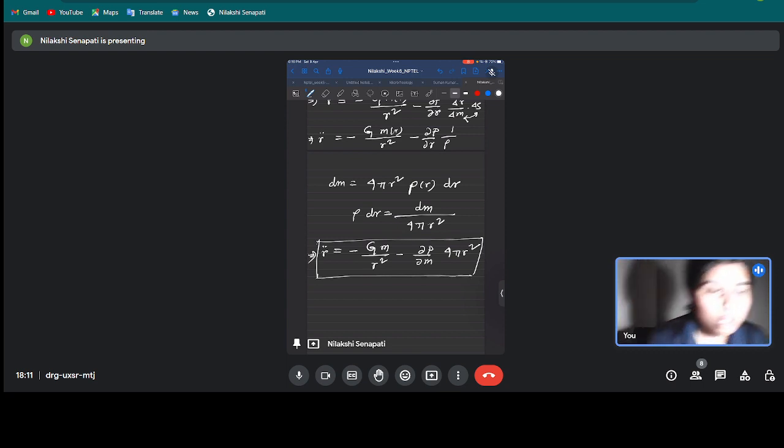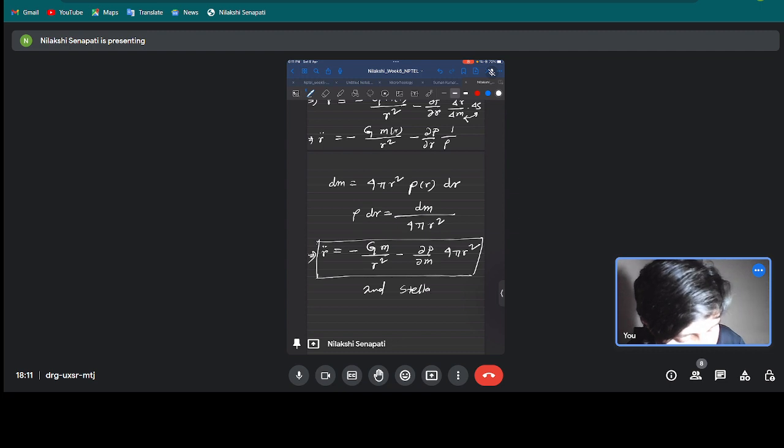So with the conservation of force, which is in terms of conservation of momentum, what we get is the second stellar equation, which gives us the amount of change in the radius, and we are balancing the force, or momentum in terms of force, here.